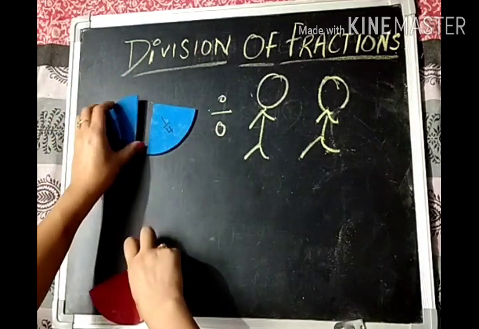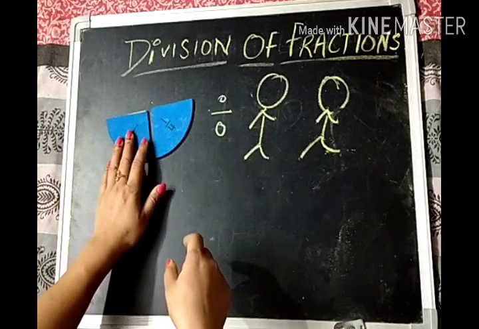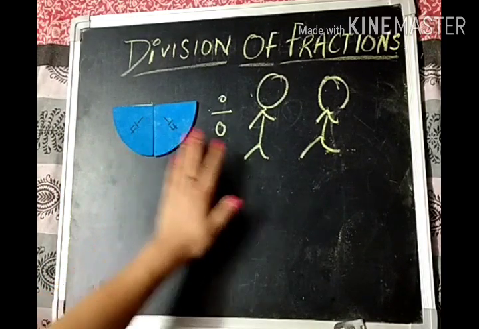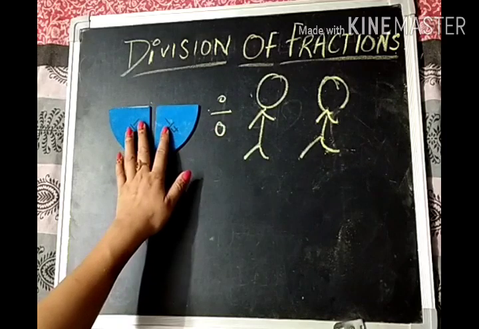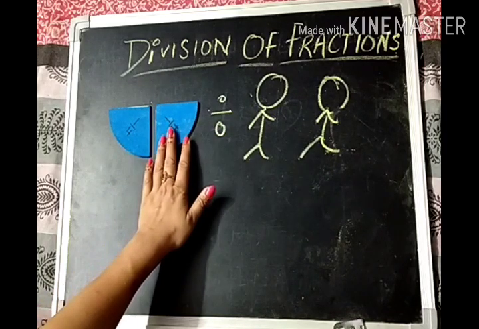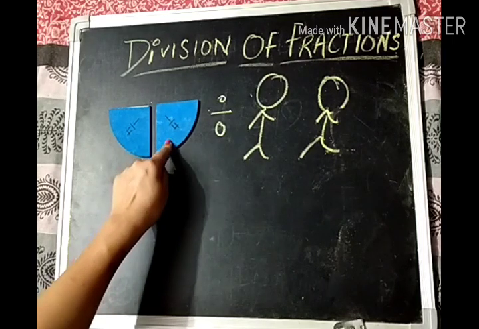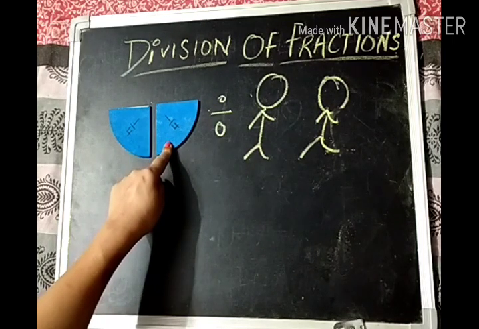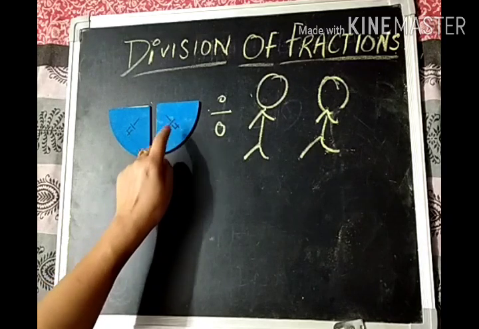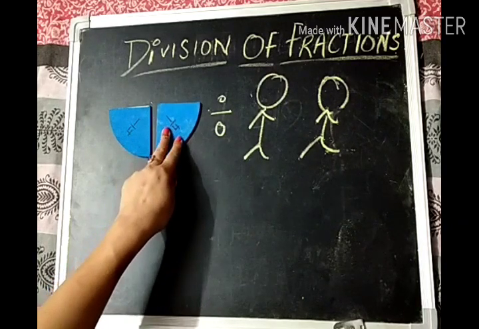So if we have to distribute half into 2, we need to make 2 pieces and find out what piece size it is. This is 1/4 of the piece we are getting after dividing into 2.